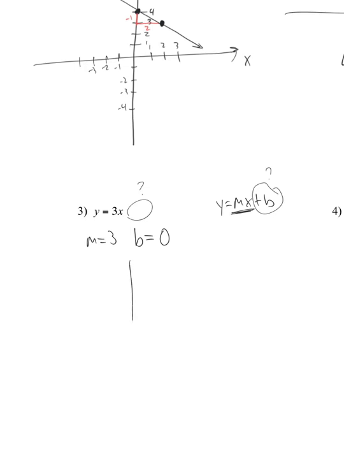So let's graph this. I said the y-intercept is going to be at the origin. Okay, so where is 0 in the y? Here's 1, here's -1, so 0. That is my y-intercept. Okay, I've got a slope of 3, or 3 over 1, so I need to go up 3.